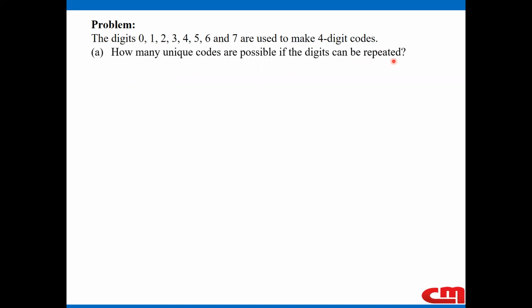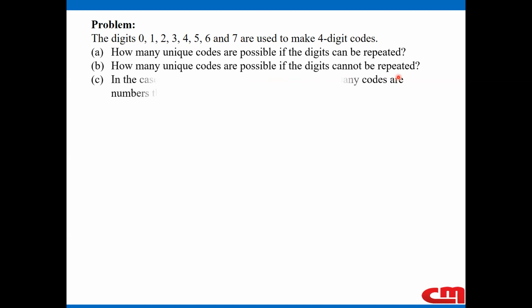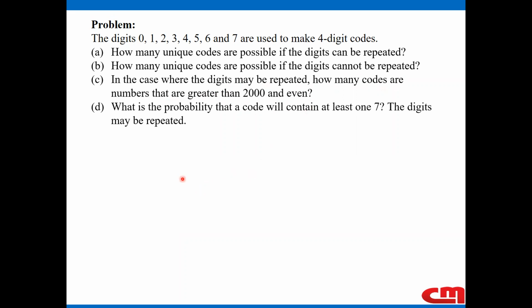B: how many unique codes are possible if the digits cannot be repeated? C: in the case where the digits may be repeated, how many codes are numbers that are greater than 2000 and even? D: what is the probability that a code will contain at least 1 7? The digits may be repeated.